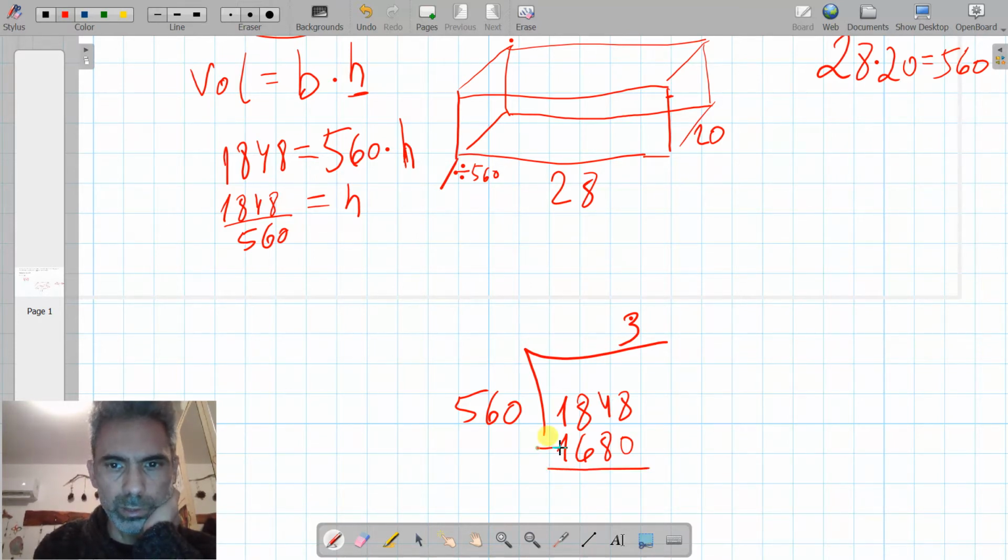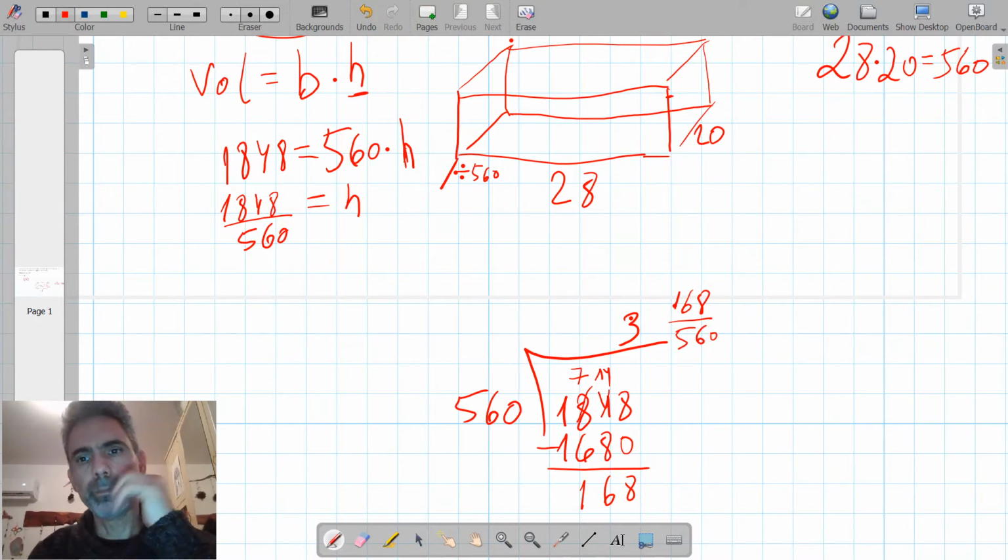Yes. Subtract 8. This becomes 7. This becomes 14. 14 minus 8 is 6. 7 minus 6 is 1. So we are left with 168 over 560.